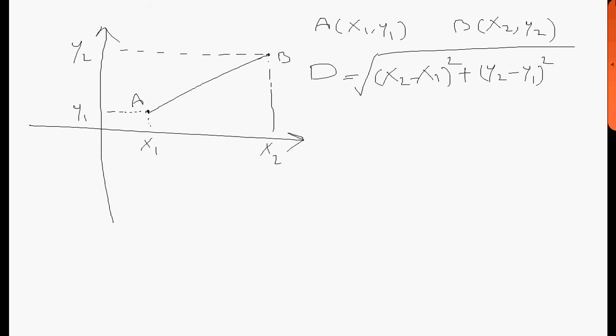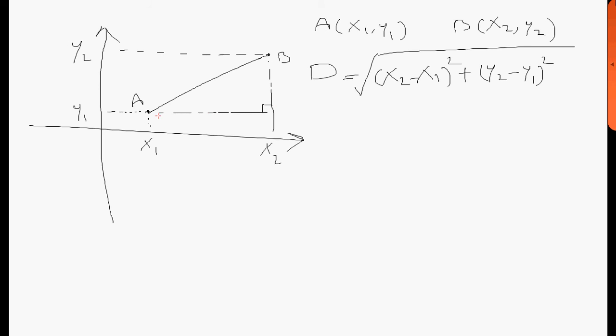The reason for that is you can consider this right triangle here, and in a right triangle we have the Pythagorean theorem, which says this length is equal to the radical of this plus this.